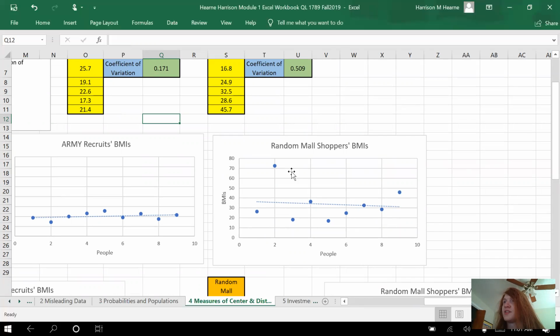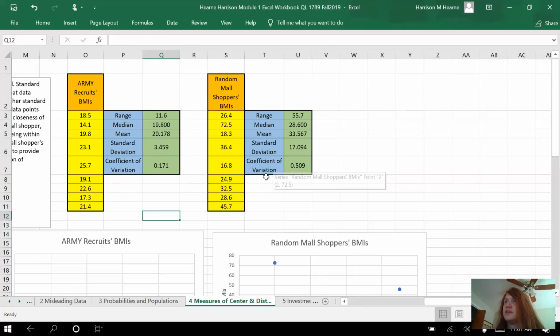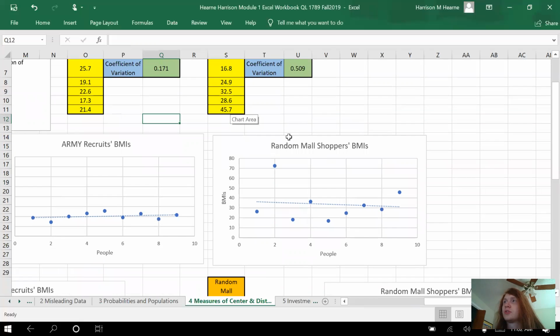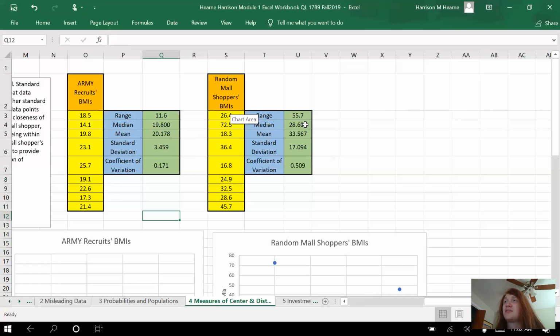This is the 45.7, and all the way up here, this is the 72.5. So the median, the middle value of this data set is 28.6, but the mean, so the average of this data set is 33.5, which is 13 whole points bigger than the average Army recruit BMI.